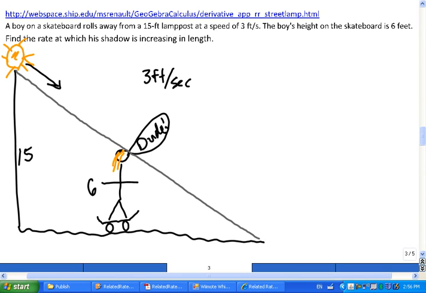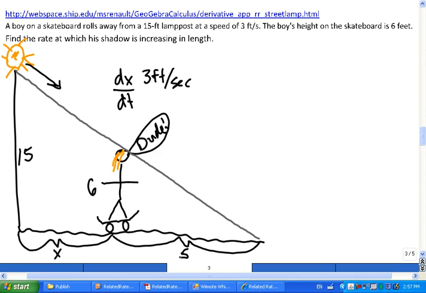Let's say this is dx/dt. So according to my picture, this is x. And the good thing about that is the shadow starts right after that. This would be the shadow here. If my masterpiece was still there, that would be a shadow.